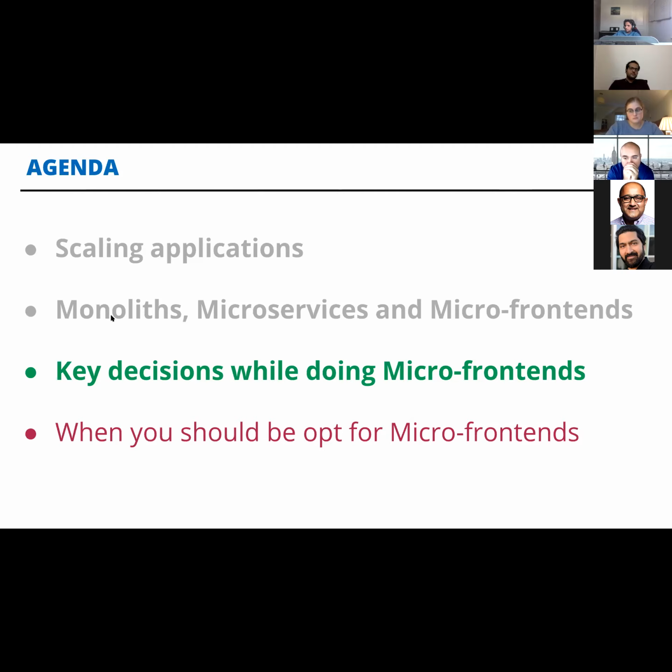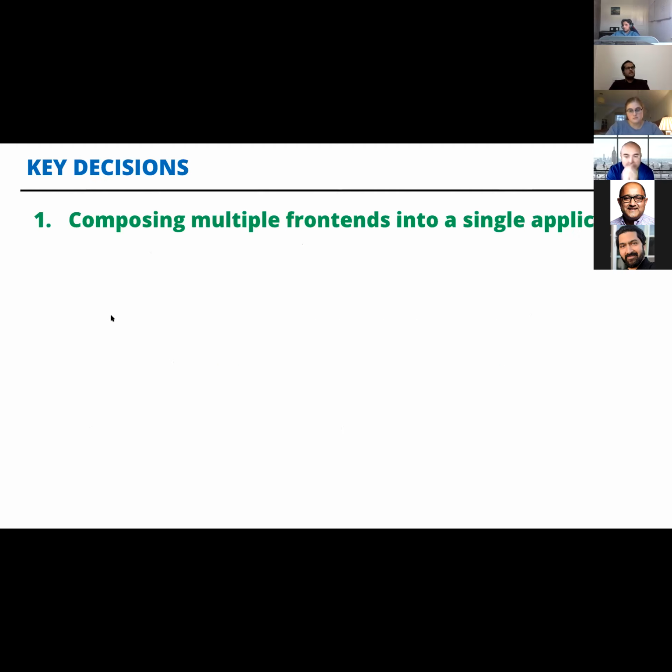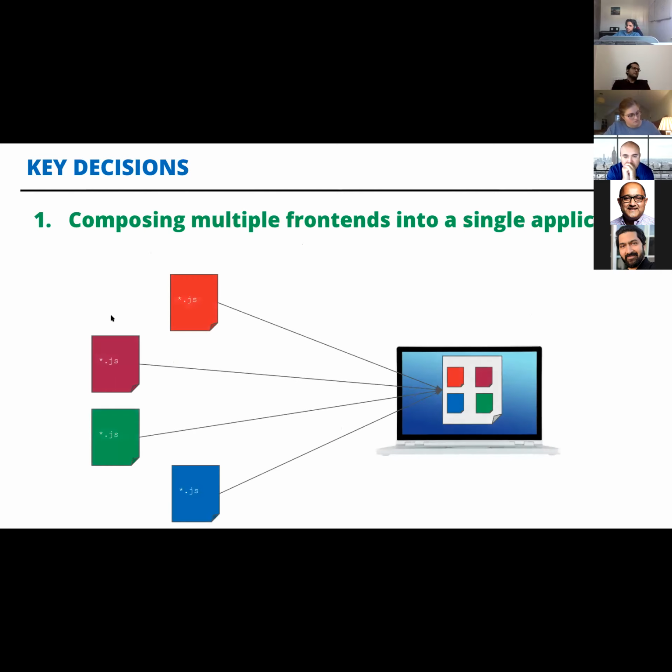So one of the first decisions is to compose the front ends into a single application. We have a lot of applications, like team A, team B. Imagine all these colored files are coming from different teams.